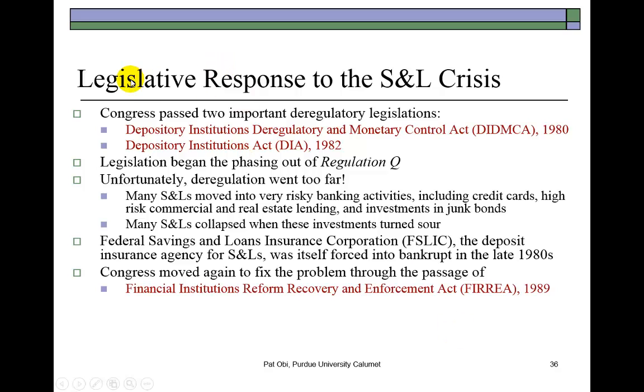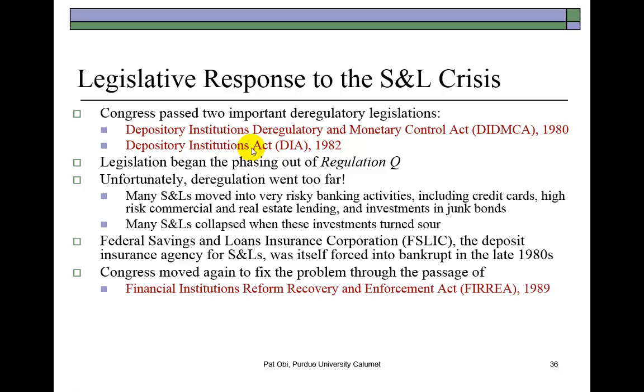So in response, Congress passed two important pieces of legislation: the Depository Institutions Deregulatory and Monetary Control Act of 1980, aka DIDMCA, and subsequently the Depository Institutions Act of 1982, which is also called the Monetary Control Act of 1982 or the Garn-St.